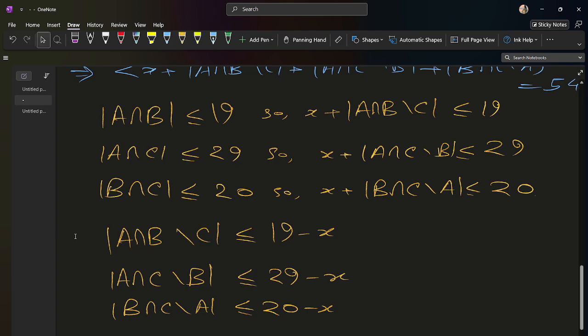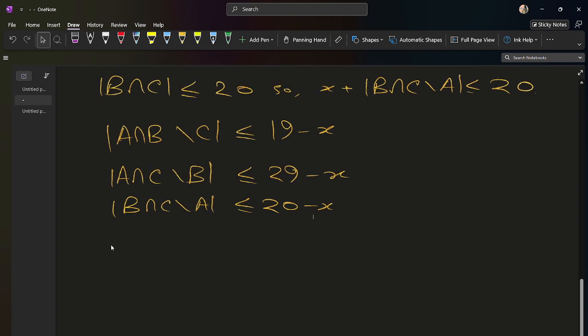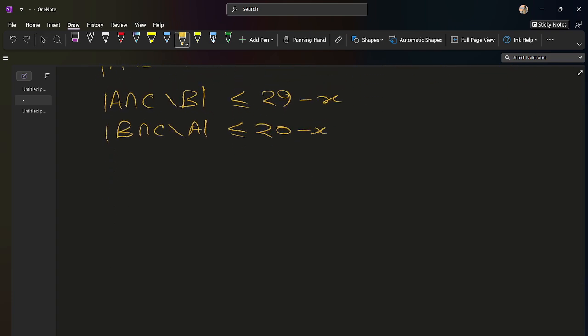So substitute the maximum allowable values for A intersection B minus C, A intersection C minus B, and B intersection C minus A into the equation. Then we will get 2x plus 19 minus x, plus 29 minus x, plus 20 minus x, that will equal 54.